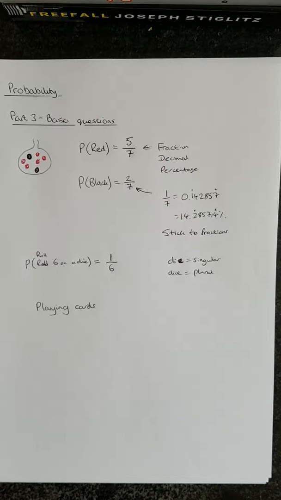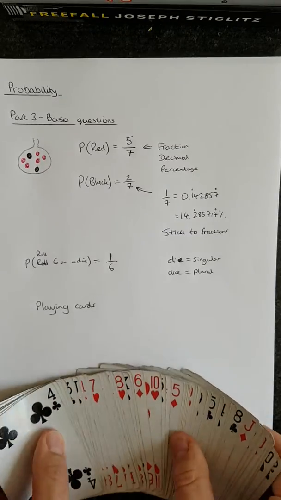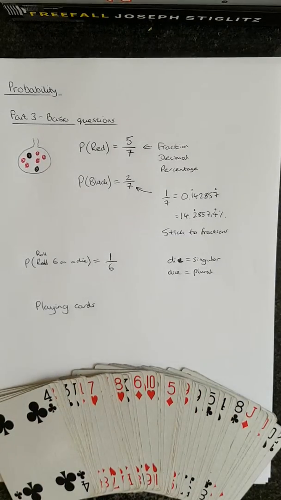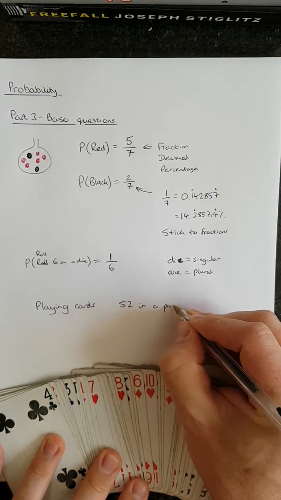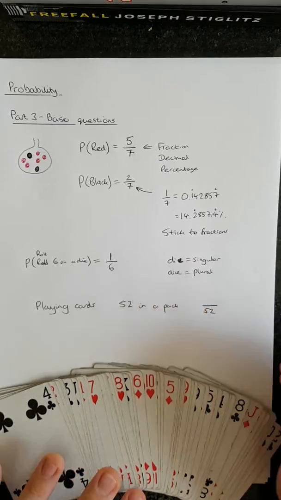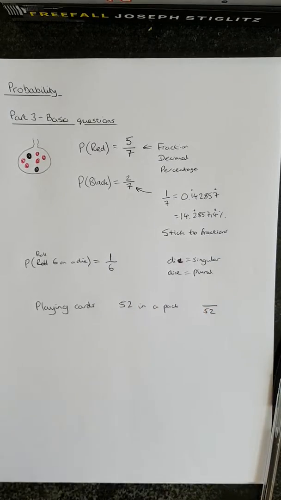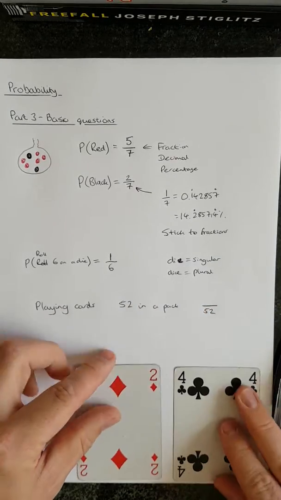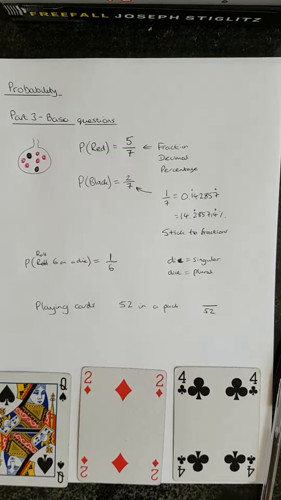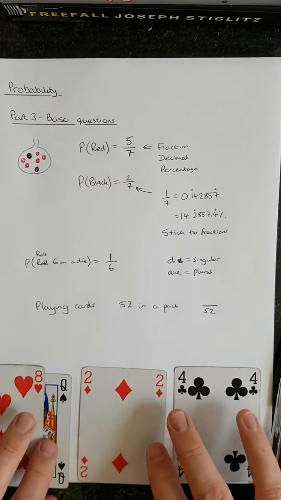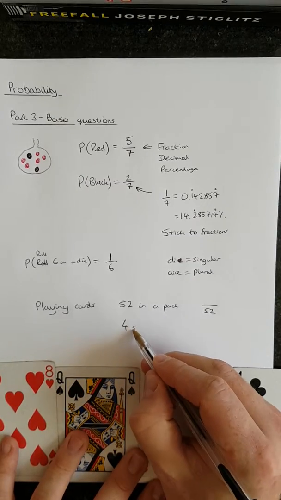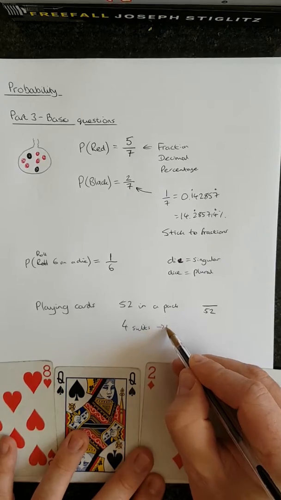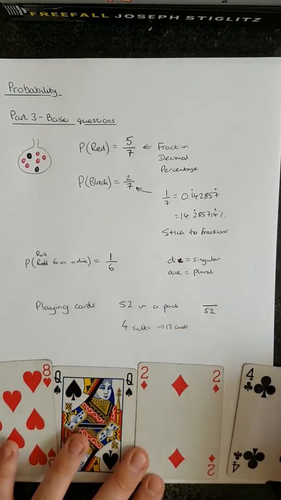But you won't always use the fact there are 52 as your denominator. So you could put an answer out of 52, but there's something else you need to be aware of. There are 4 different suits, they're called. Each suit has 13 cards.